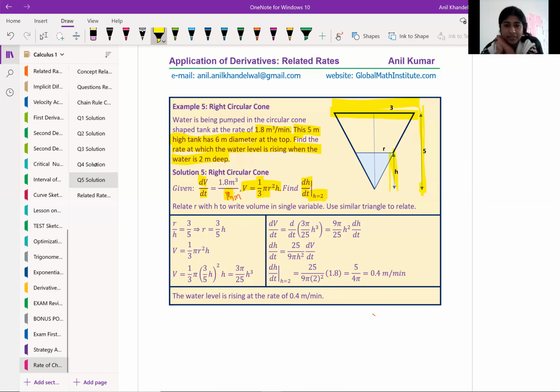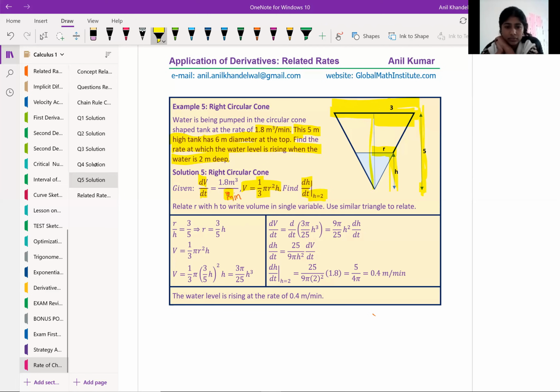So we know this diameter is 6, so the radius I've written as 3, correct? Height I've shown here. So instead of showing a 3D figure, I've taken a cross section of the cone, which is always a triangle. So in a triangle, we can relate height with radius. There are two different parameters, right? So we can relate height with radius using similar triangles.